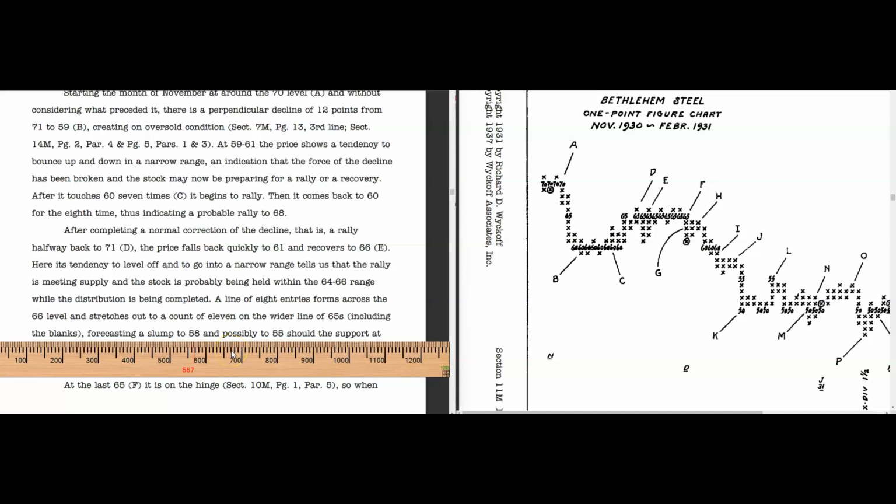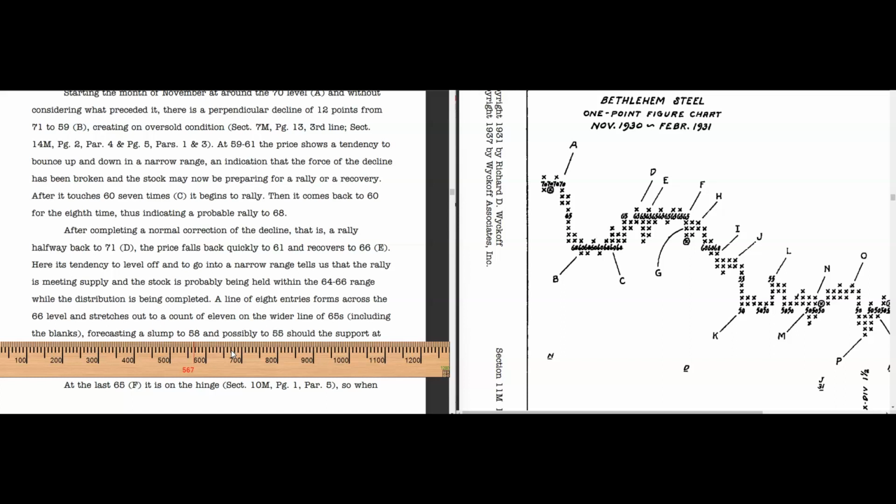So you get a range, you get your approximation of how much the move is going to go. If you take it from the top at 66, where you have a count of 8, then 66 minus 8 is 58. So that is your projection. 58, because 66 is your level.